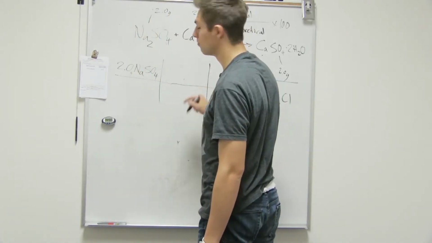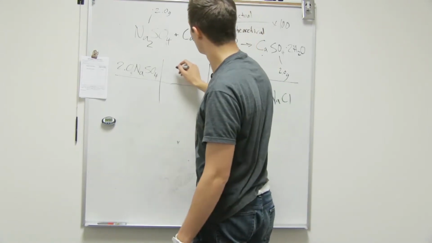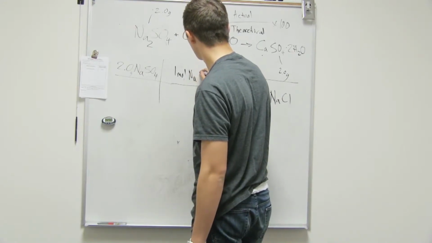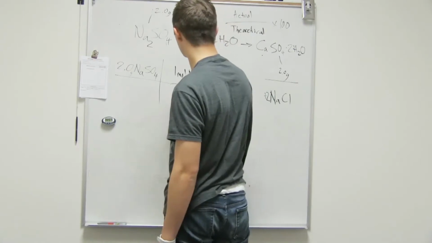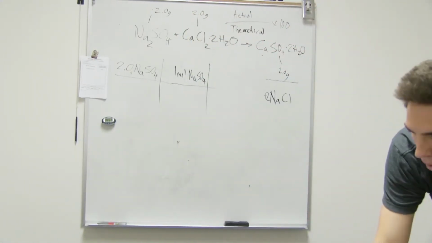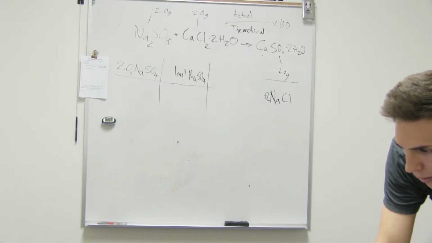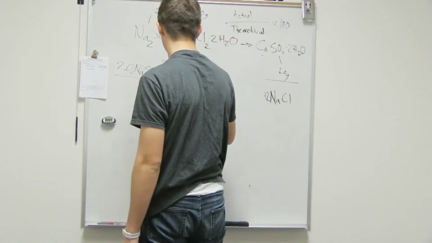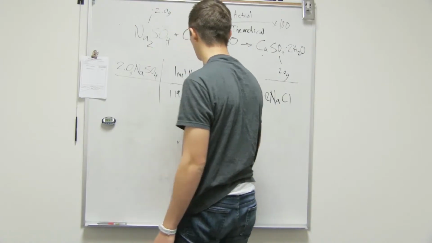When you do the molar mass, go to moles, right? 1 mole of Na2SO4.